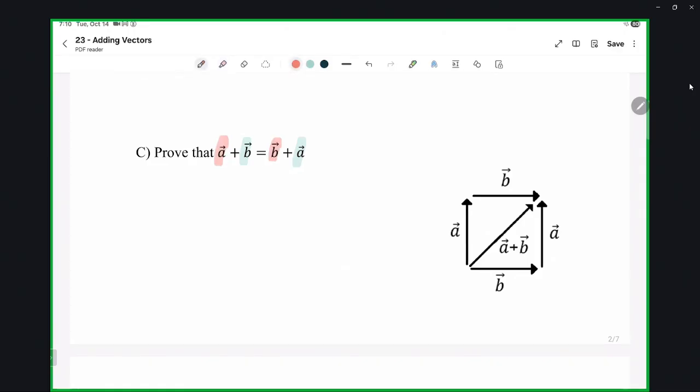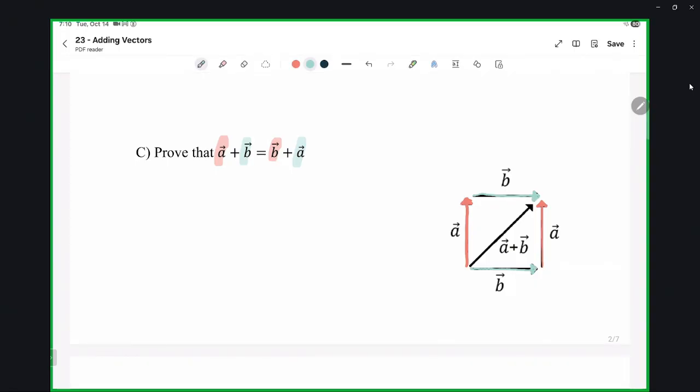The vector A will be the vertical component here. Perhaps I should color this over in red. And vector B will be the horizontal component. The resulting vector is A plus B, which is going to be the diagonal.